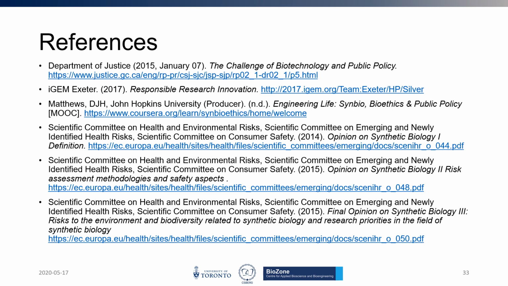Where risk assessment sits right now and how it can be further improved upon is an active area of research that has quite some promise and actually does need to be in place for new technologies that are going to come on the market.